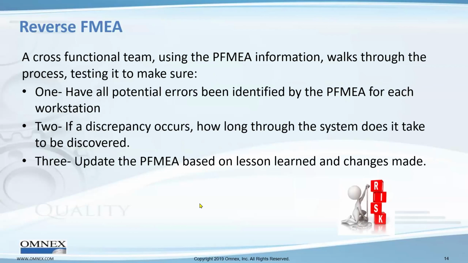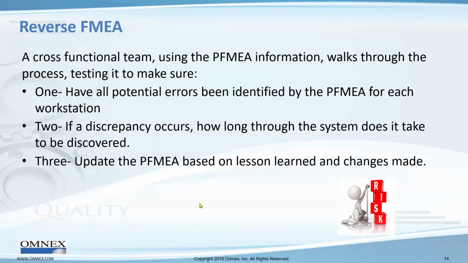So then after we have this meeting, if we do the reverse FMEA training, the first day is spent training the cross-functional team and then evaluating all the documentation. And then we would go out and review the operation.